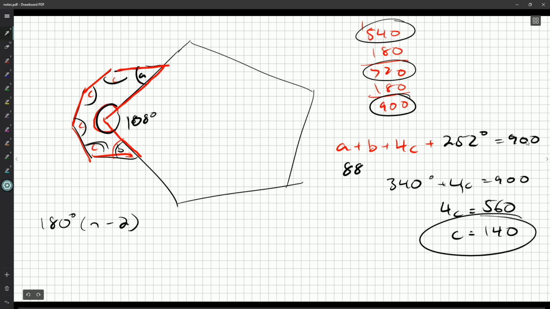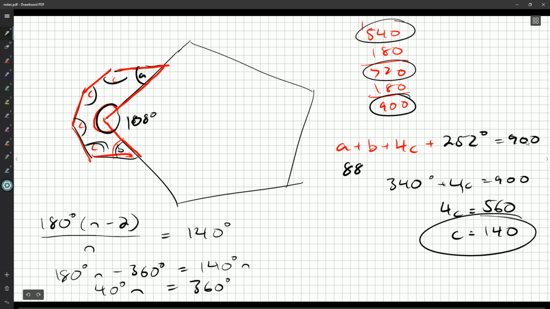Since every angle on the inside is equal, this gives me a nice formula for C in terms of n. So we got 140 equals 180(n minus 2) over n, and then expand out the top. Bring the 140n to the other side, so 40n, bring the 360 over to the other side, divide by 40, and we'll get n is 9. So it's a 9-sided shape.